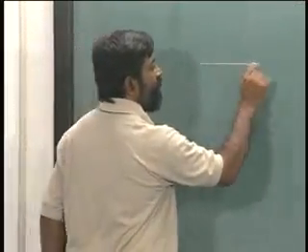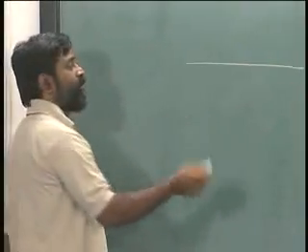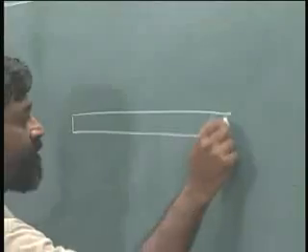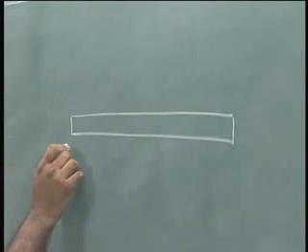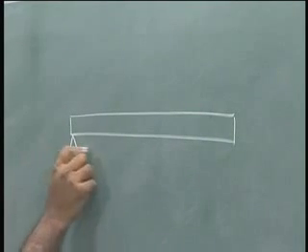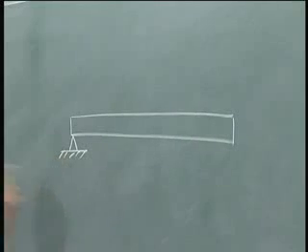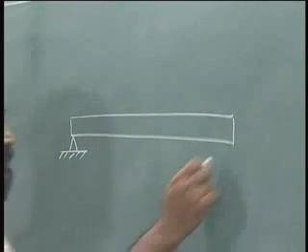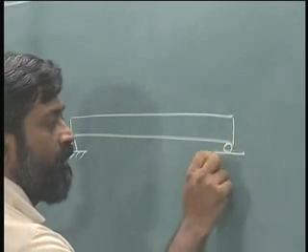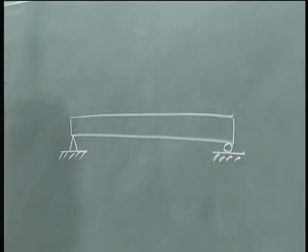So let us take a simple example, a simply supported beam, let us say. Simply supported usually is given by this. There is a pin support or a hinge support here and a roller support there.